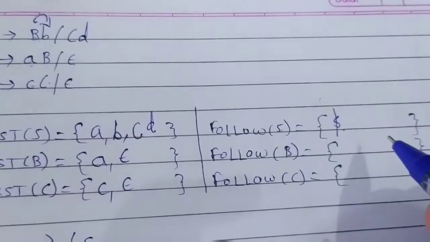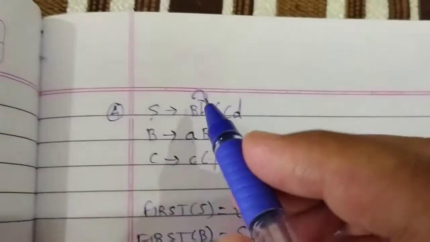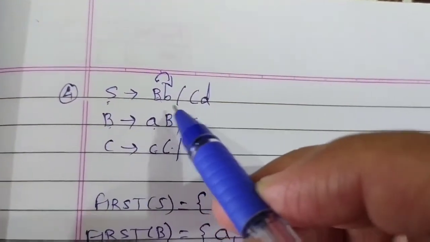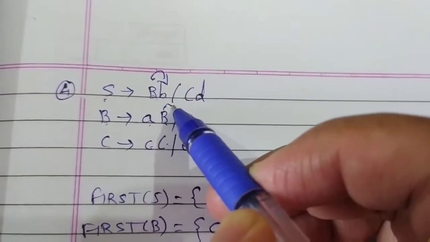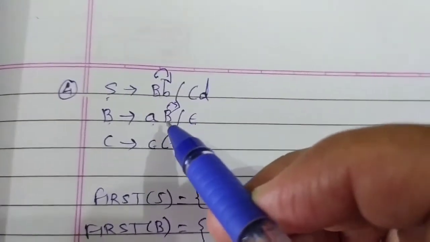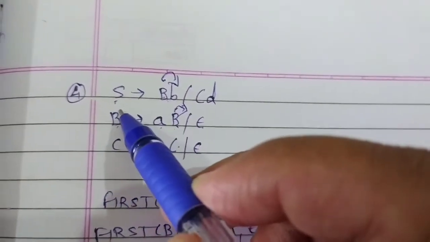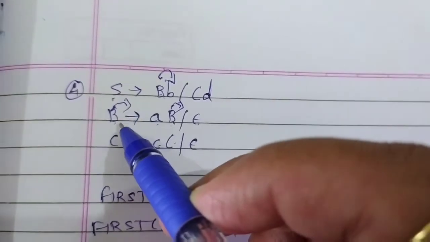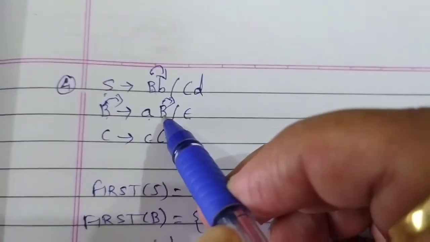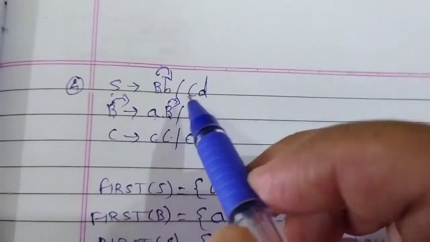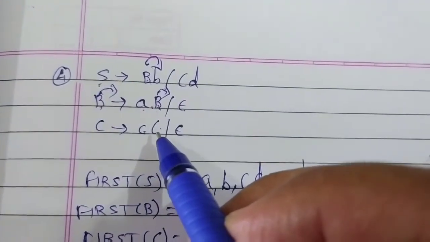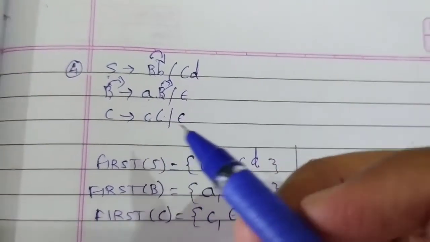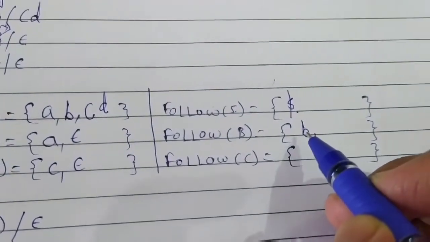So small b. Again where is the capital B? This. So who is following capital B? No one. But this is generated from this. So this will follow this. But again B, it is the same, so ignore it. Again there is no capital B here on the right hand side. So only small b will be following capital B.